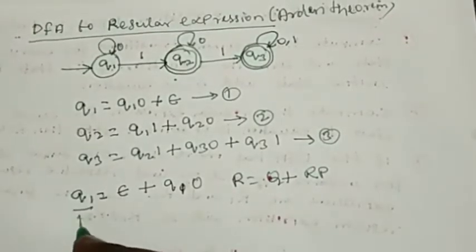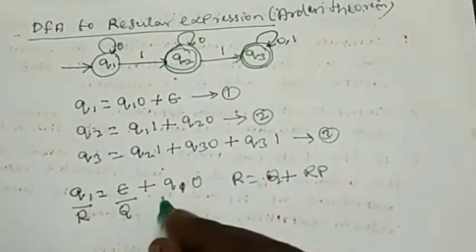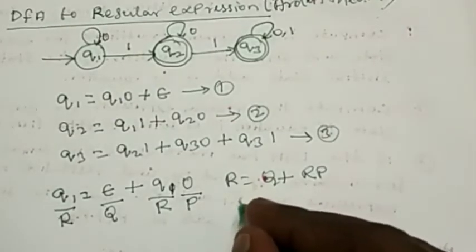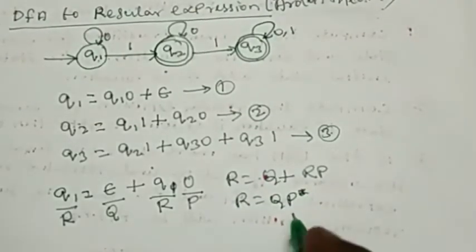R here is Q1, Q is epsilon, and P is 0. So you can rewrite it as R equals QP star. This is what the formula says.